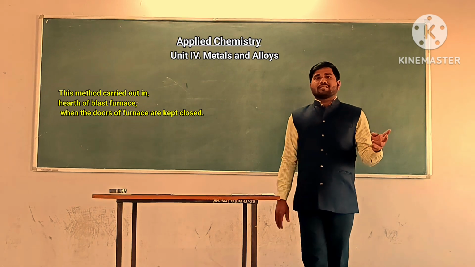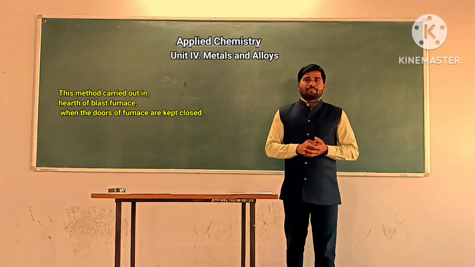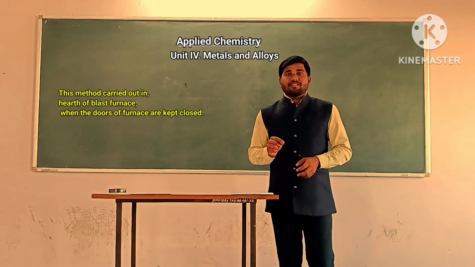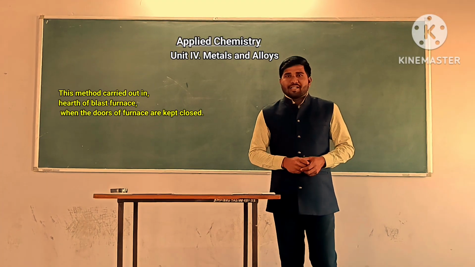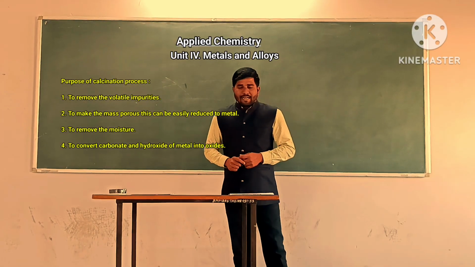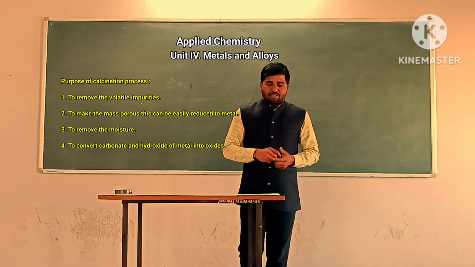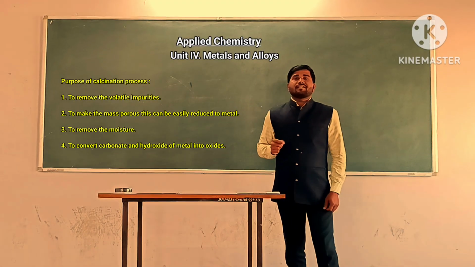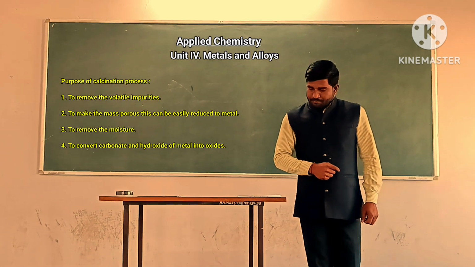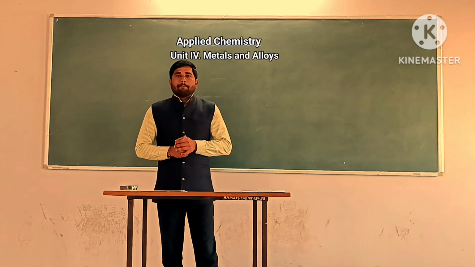Both the methods, calcination and roasting, are carried out in a blast furnace, but the calcination method will be carried out in absence of air. This is a very important phrase: in absence of air. This process removes the volatile constituents by heating in absence of air, and the temperature must be kept below the fusion temperature.